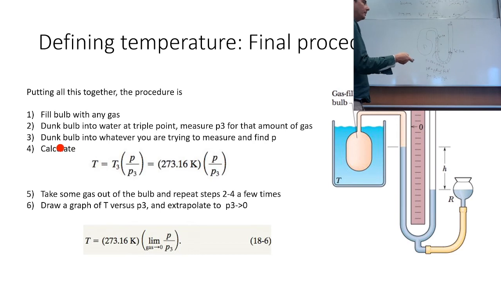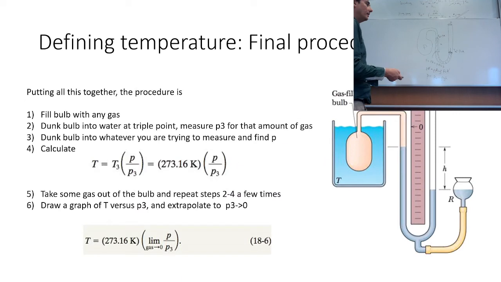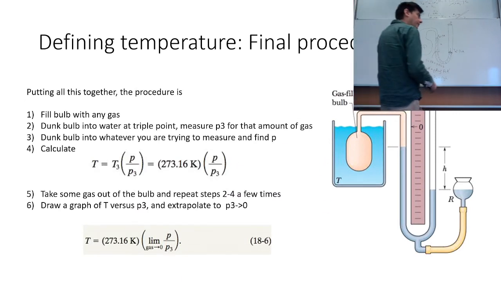Then put the bulb in whatever you're trying to measure, find the P, and calculate this thing. Now take out some of the gas, and do steps 2 to 4 a few times. Then draw a graph of T versus P3, a lot like this one. You're going to get some data points like here, here, here, and then extrapolate down to 0, and then you've got your final value.